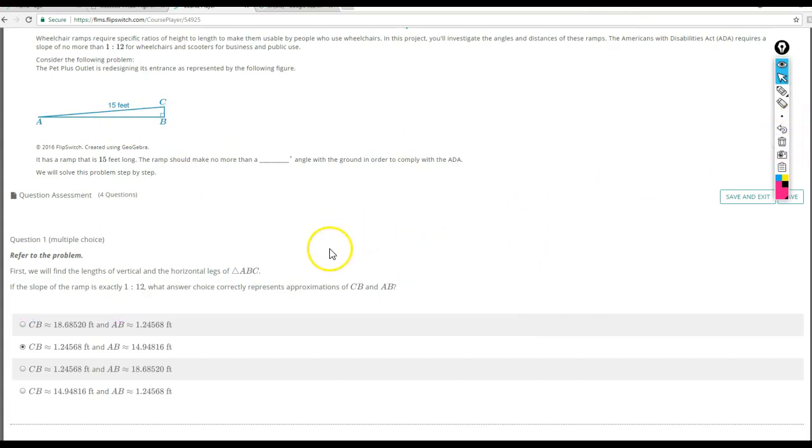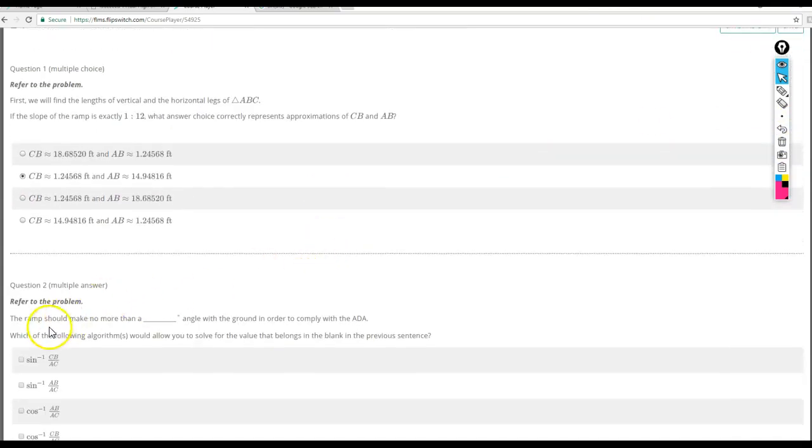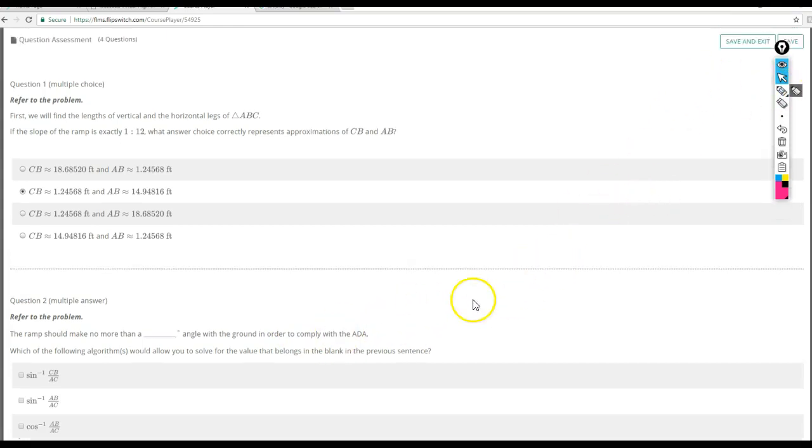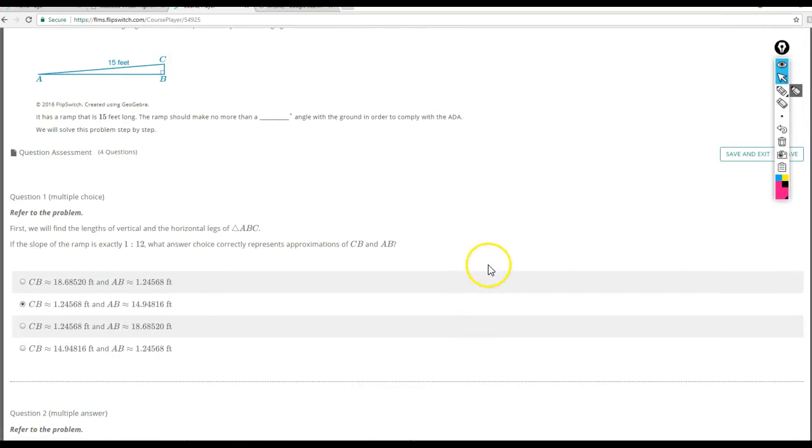Alright. So now, the ramp should make no more than a blank angle with the ground in order to comply with the ADA. When we're trying to find an angle, we are going to use inverse trig functions. In my notes, I would write: find side lengths, use trig functions.